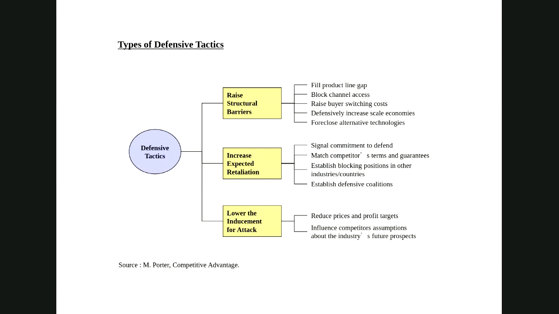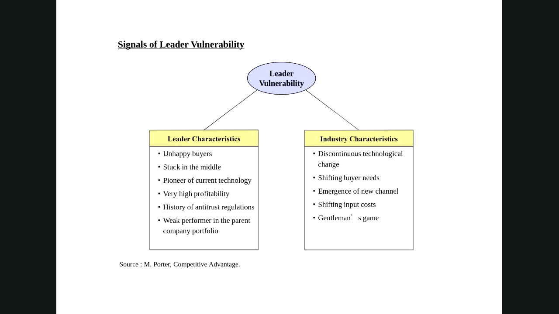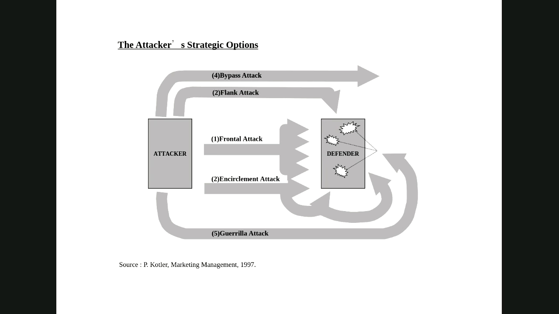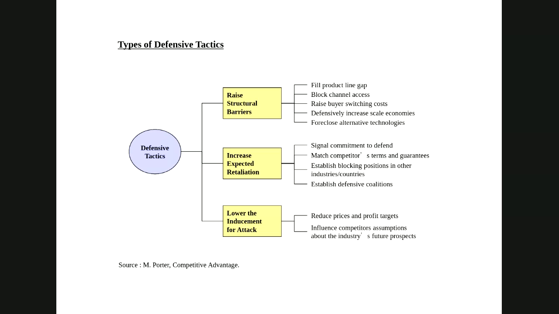So we are talking about the attacker's choice. But as a defender, maybe we have this kind of defensive tactics and strategy. These are examples: raise the structural barrier, like filling the product line gap and blocking channel access; raise the buyer switching cost; increase economies of scale; foreclose the alternative technology.